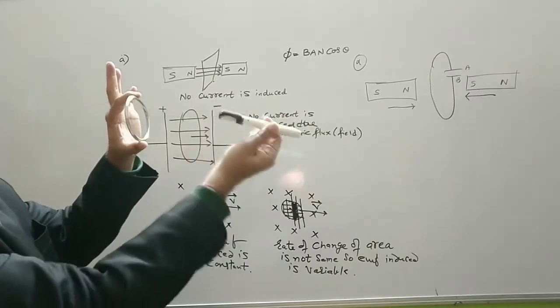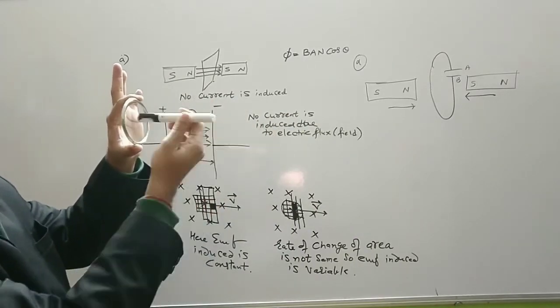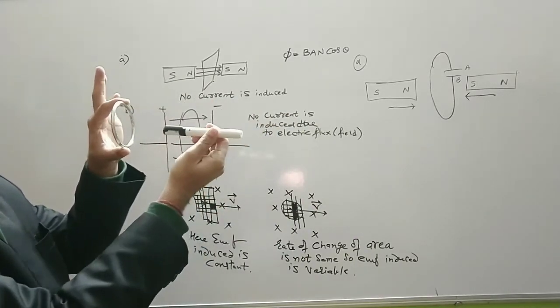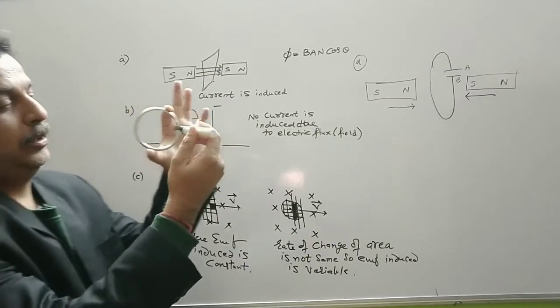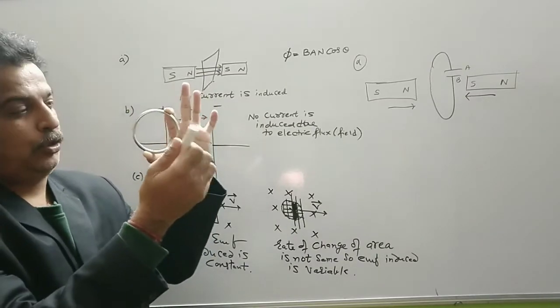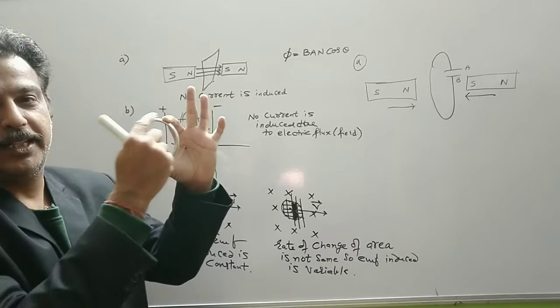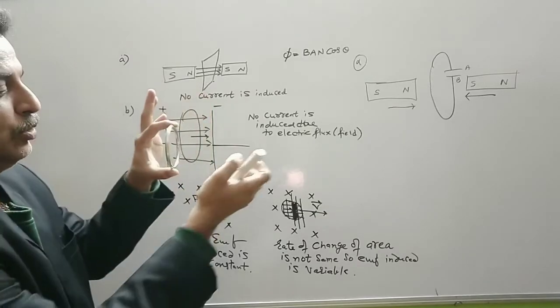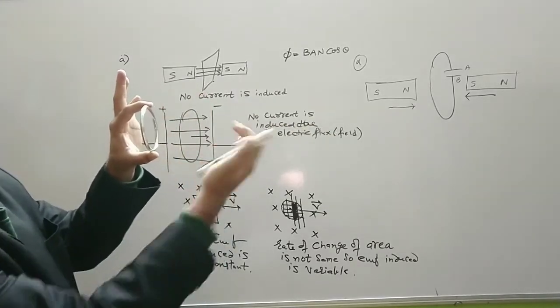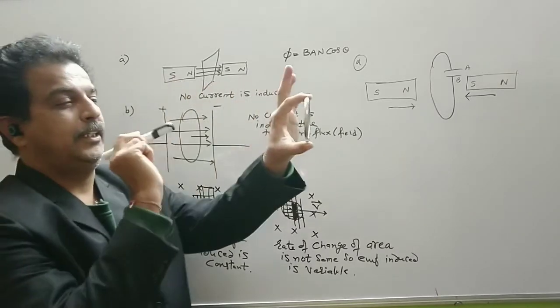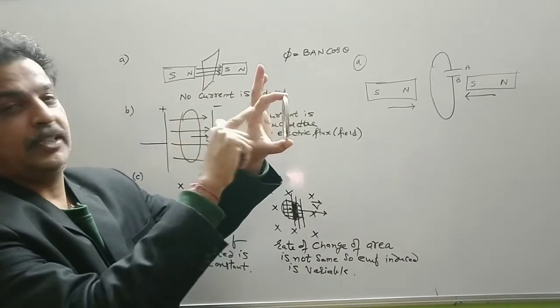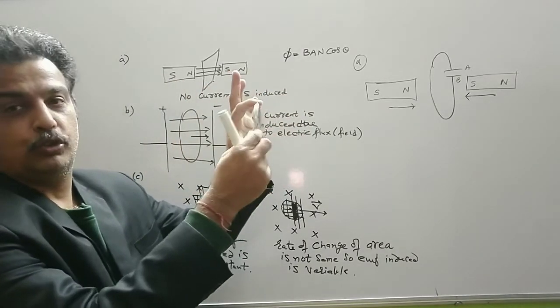South is approaching. So if the south is approaching, the south should be opposed according to Lenz's law. So here which face will be formed? South. So here it should be south, and from this side the north is approaching, so the polarity of this face should also be north.